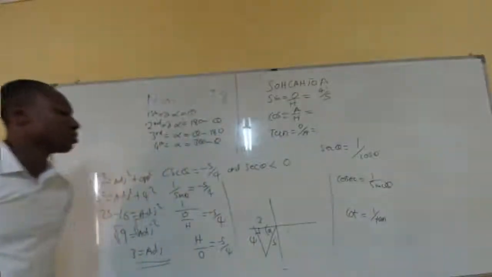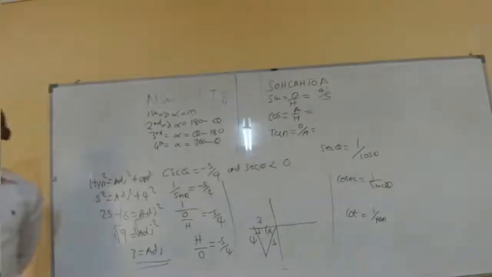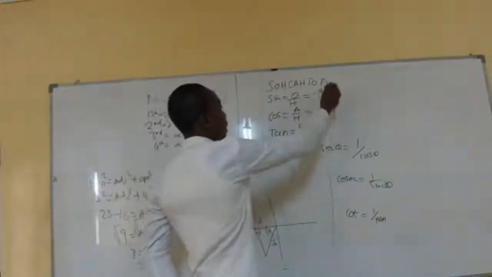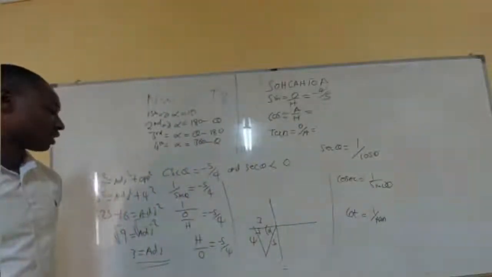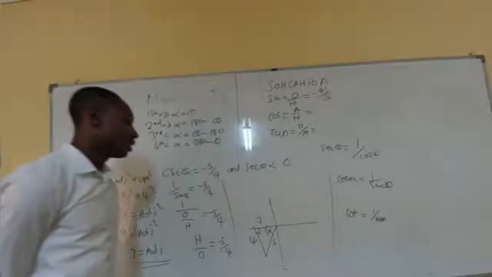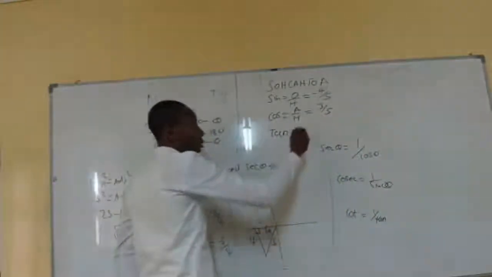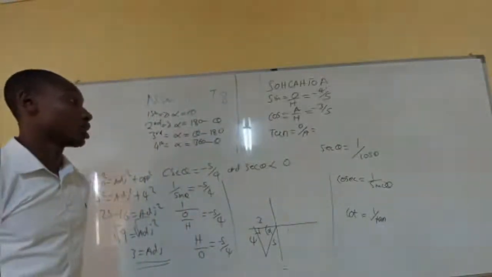But do not forget that we are in the third quadrant, and in the third quadrant sine is negative. Cos is adjacent over hypotenuse: adjacent is 3, hypotenuse is 5, so we have 3 over 5, and it is still negative 3 over 5 because we're dealing with the third quadrant.